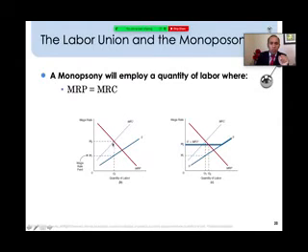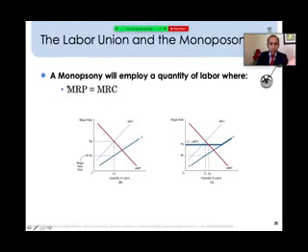And the marginal factor cost, which is the marginal resource cost here, and the supply of labor here. Under normal conditions, where the supply of labor intersects the marginal revenue product of labor, people are employed.